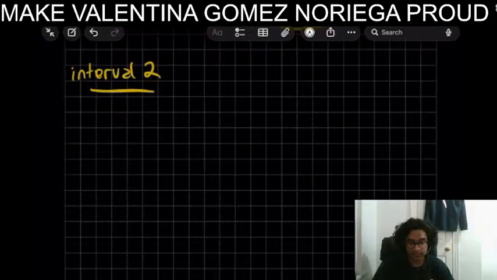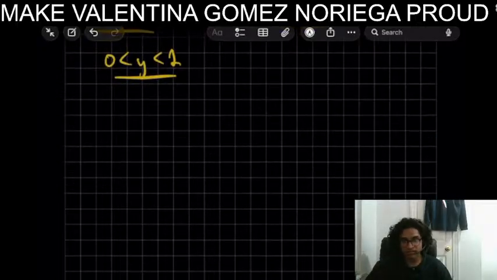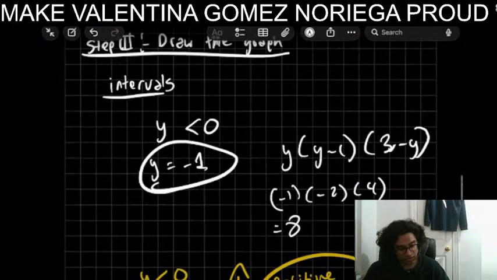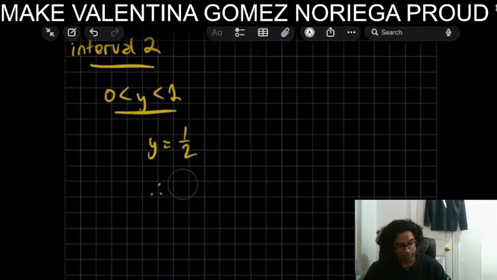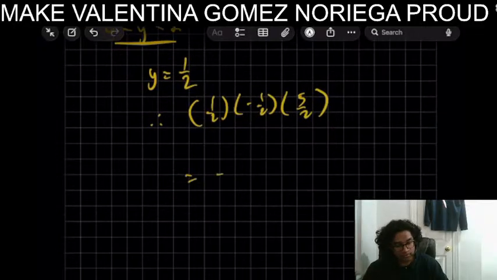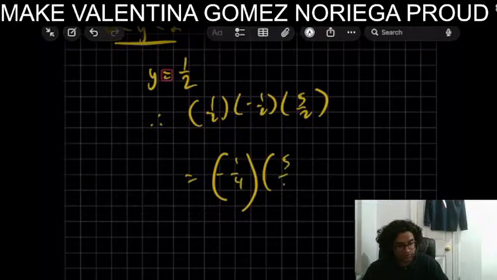All right. So interval 2, if I have 0 less than y less than 1, the only option we can go for y is a real value. I'm going to say y is equal to half. What was the equation again? y minus 1, 3 minus y. So y minus 1 is minus 1/2, 3 minus half is 2.5, 5 by 2, so that is minus 5 by 8.